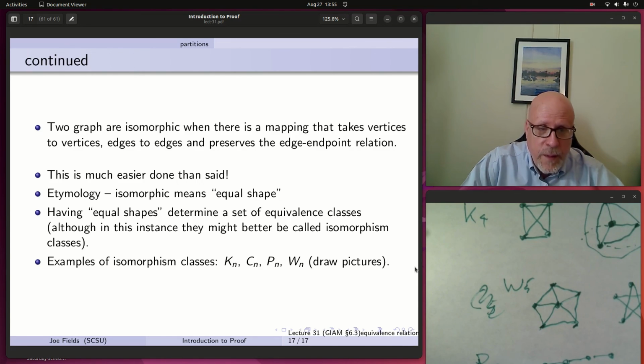Symmetric. If I've got a mapping that sends the vertices and edges of one graph to another, can I come up with a mapping that does the opposite job, sending the second one back to the first? Yeah, that's the inverse mapping. And so what you see is this mapping needs to be bijective. It has to be a function that's one-to-one and onto. Finally, transitivity.